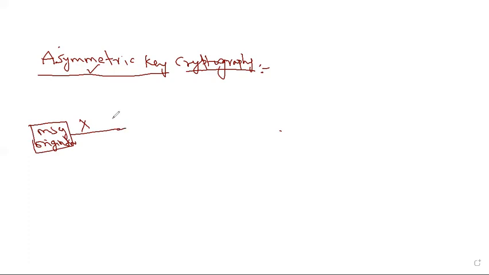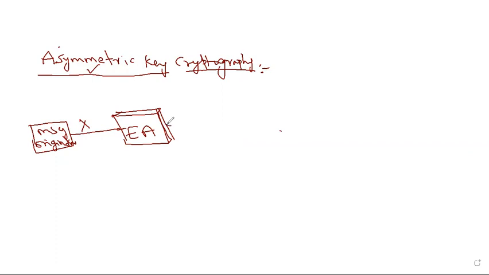The sender wants to convey this X as a message to the receiver. Now this is the algorithm which is used by the sender for encrypting the data. This is the encryption algorithm.